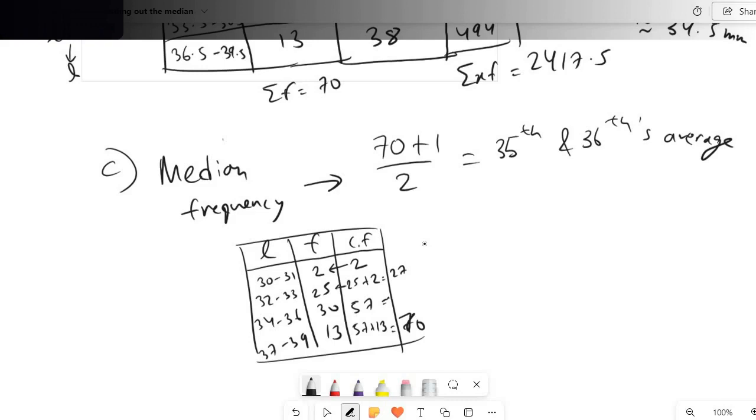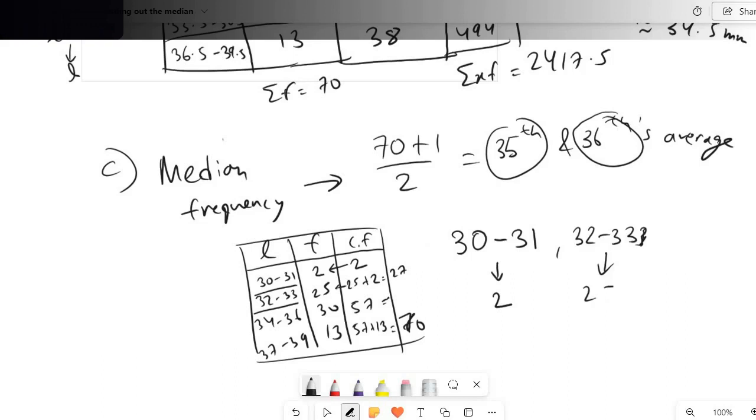So now we can compare the values here. The median is going to be the average of the 35th and 36th terms. In our cumulative frequency, the 35th and 36th terms lie right after the class of 32 to 33. For example, the 30 to 31 class has only two numbers, and after that we have 32 to 33, which has 25 numbers, meaning that the total is 27.